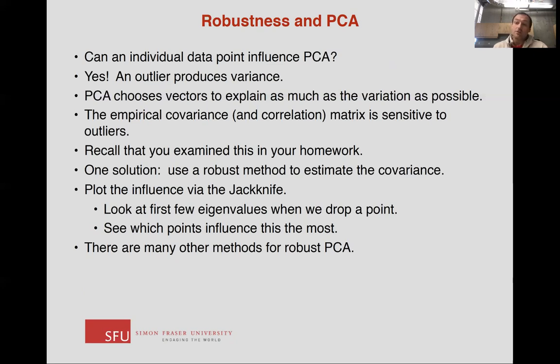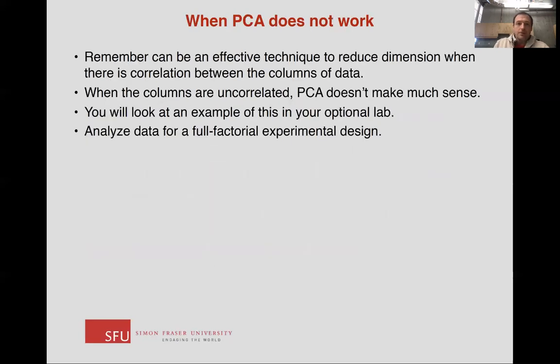And then we can make plots for each of those eigenvalues as we've learned to do. So then we're able to see which points influence the fit the most. And there are also many other ways to do robust PCA, and many of these are implemented in R as well.